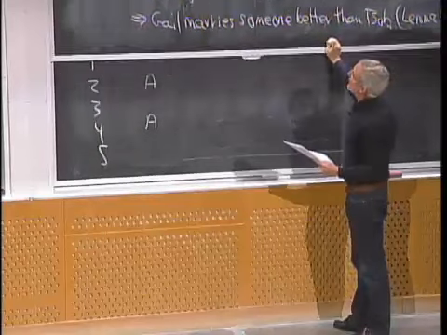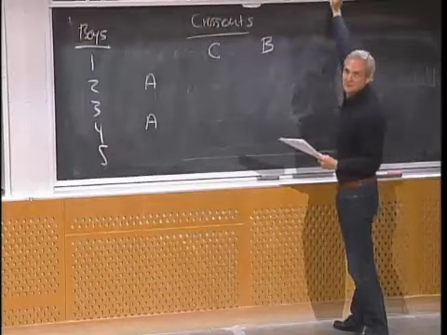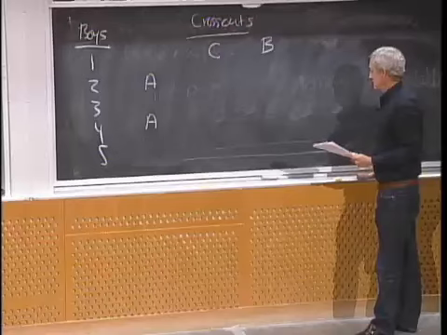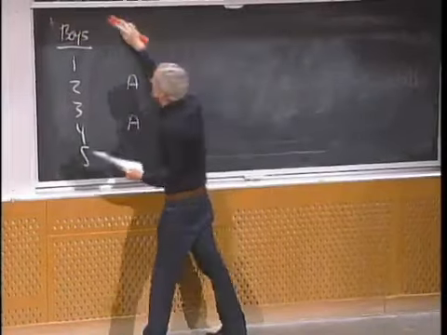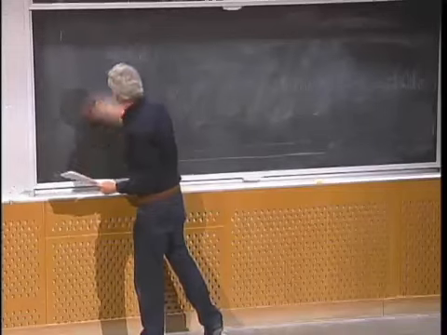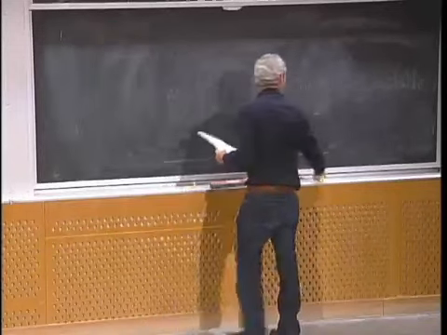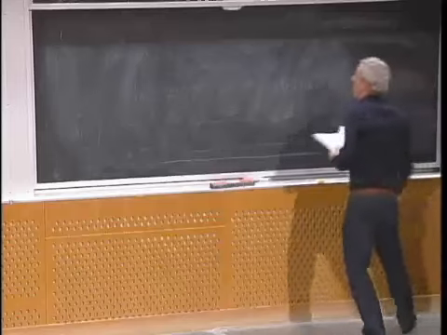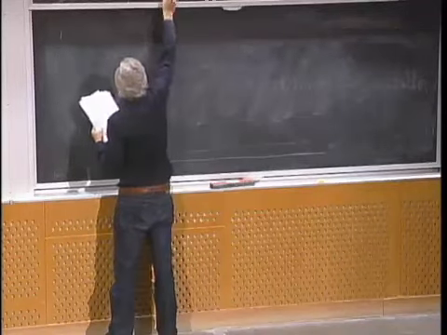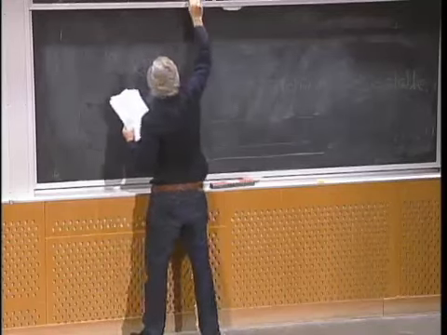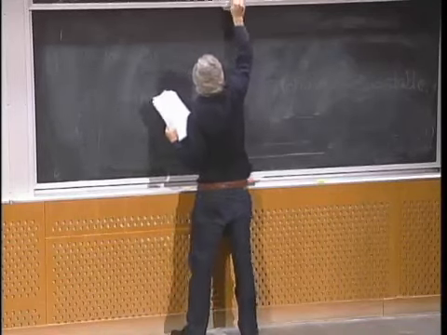Well, can Gail and Bob be a rogue couple here? No, because Gail likes her spouse better than Bob, so she's not going to be in a rogue affair with Bob. All right, so that means that Gail and Bob are not rogue.